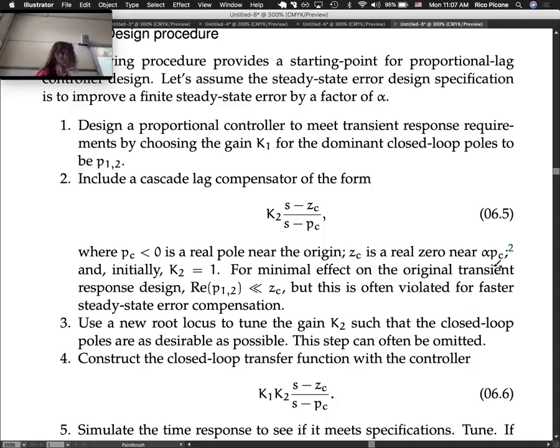The difference here is we had a 0 and we had a pole before, but the pole was at 0, at the origin. It was an integrator, so PC was 0 for the integrator. In this case, we're just going to choose it to be some real number that's close to the origin. So it's almost an integrator, but not quite. And then we're going to have the 0 a factor of alpha further out.